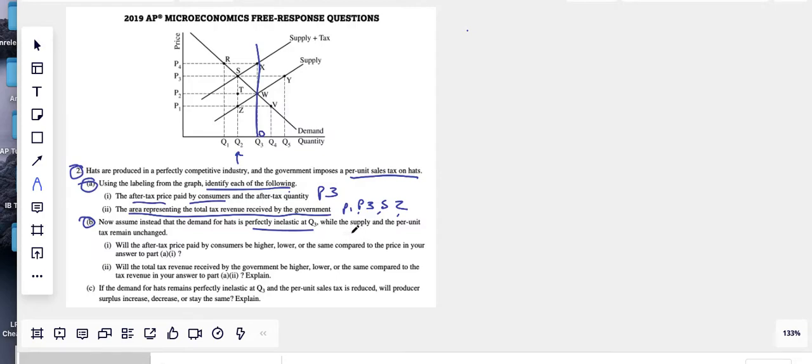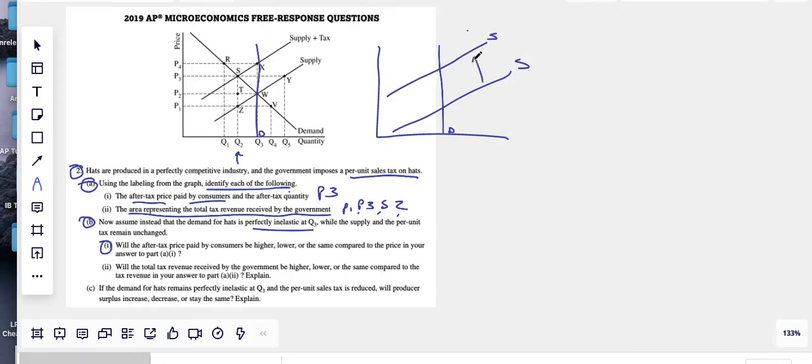At Q3, while the supply and the per unit tax remain unchanged, will the after-tax price paid by consumers be higher, lower, or the same compared to the price in your answer to part A1? Recognize that with a perfectly inelastic demand, let's do it over here first. With a perfectly straight up and down demand curve, when supply decreases due to that tax, the price goes up, but the quantity the consumer buys doesn't change.